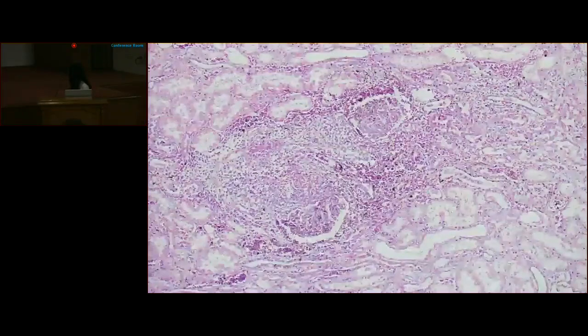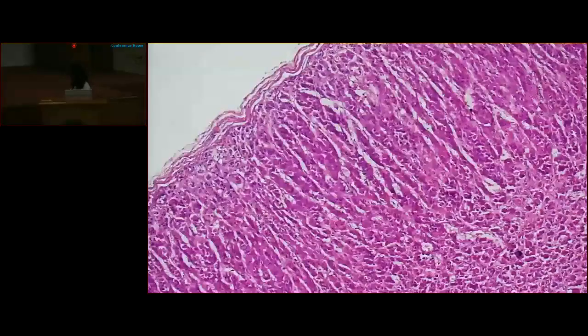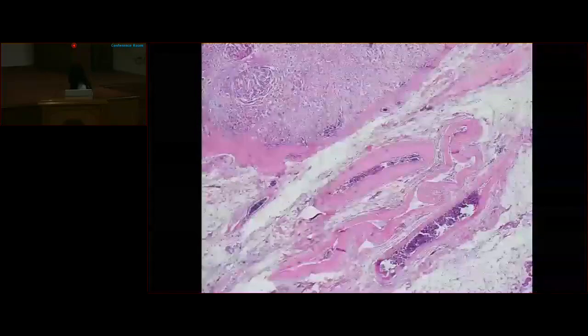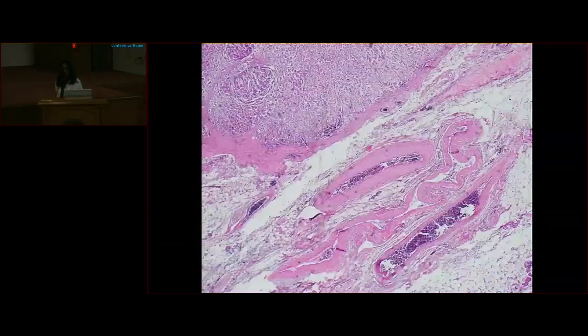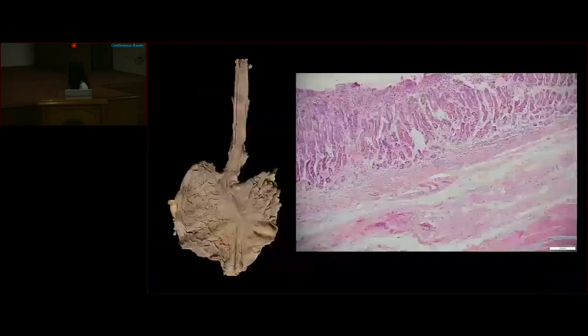These are the sections from the adrenal, and they did not show any diagnostic pathology. The periadrenal arterioles showed normal morphology, and do not show any evidence of secondary vasculitis. Now coming to the esophagus and the stomach, grossly they did not show any abnormality.